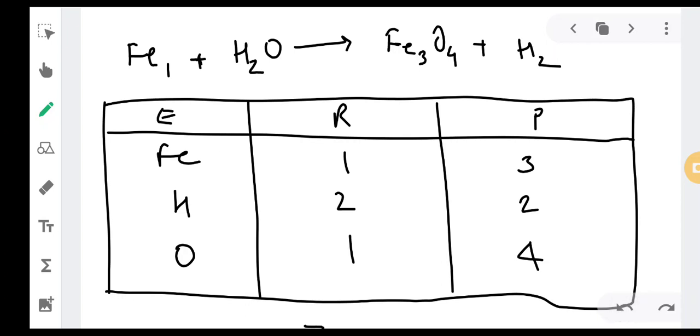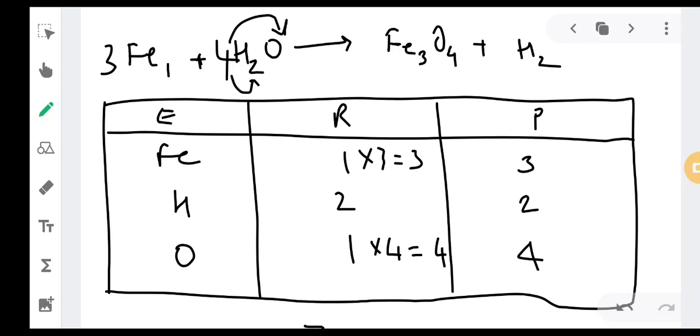So how will we balance this? First, you need to make the smaller number into the bigger number. Multiply Fe with 3; whichever number is bigger, you multiply the smaller number with that. Hydrogen is balanced. For oxygen, you need to multiply it with 4, to make oxygen 4 in number on the left hand side. So now oxygen has become 4, whereas hydrogen has become 8 in number, if you see.